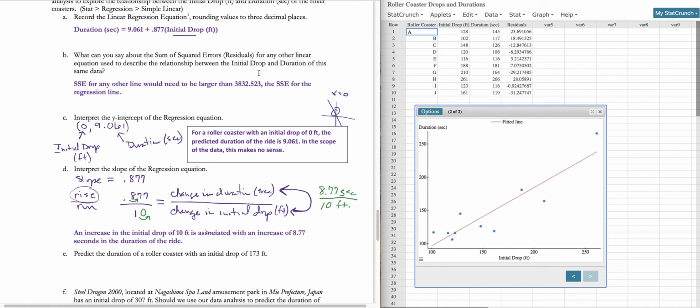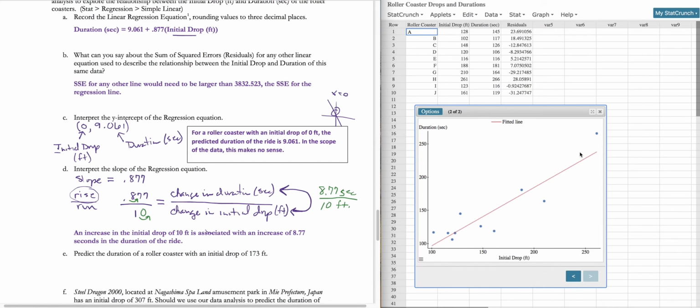All right, this is the interpretation that I came up with. An increase in the initial drop of 10 feet is associated with an increase of 8.77 seconds in the duration of the ride. And you do want to include which way this change is happening.